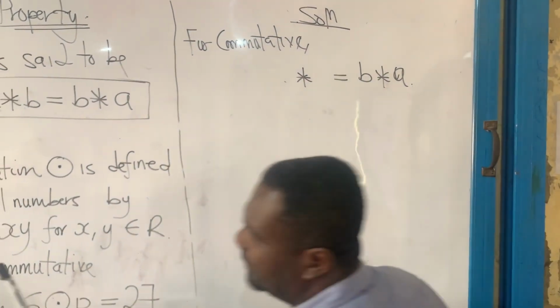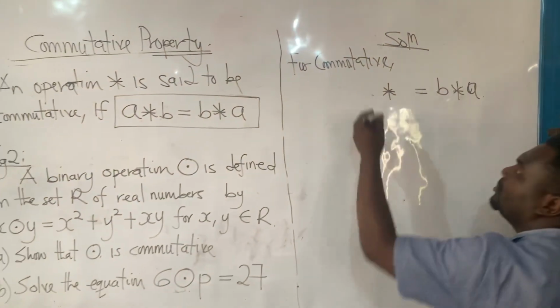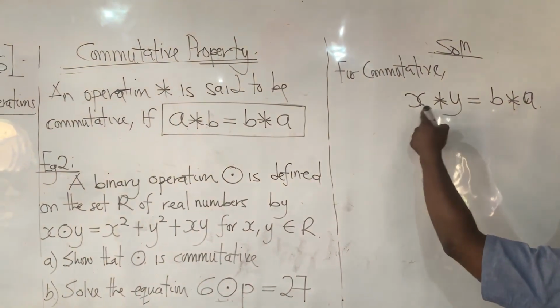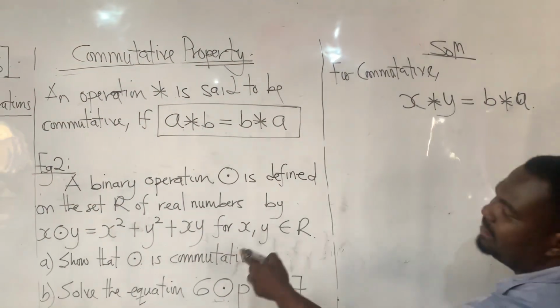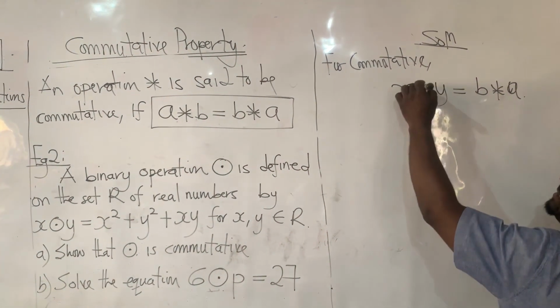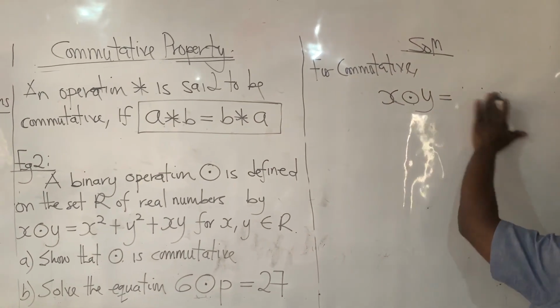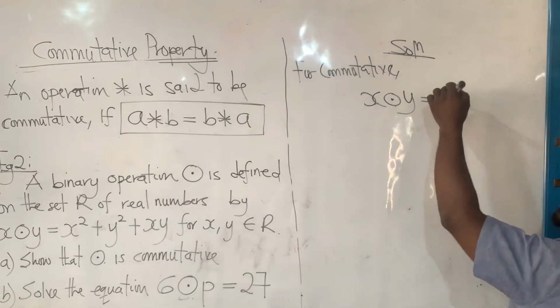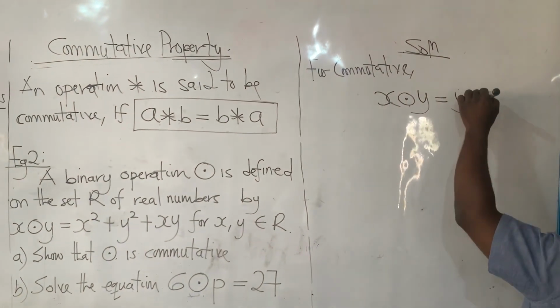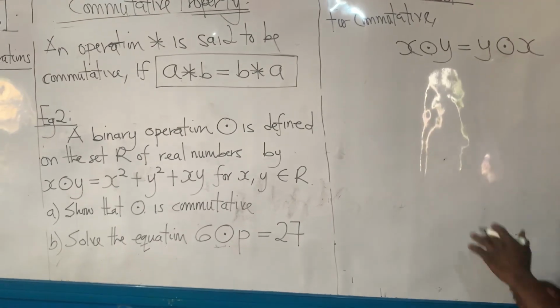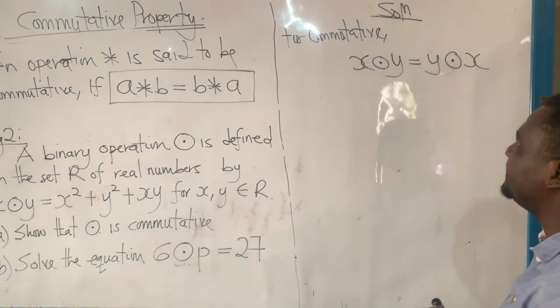So the condition will be x star y, and the operation sign is circle. So x circle y, for it to be commutative, you have to write it as y circle x. On this, you can say that this is the commutative property.